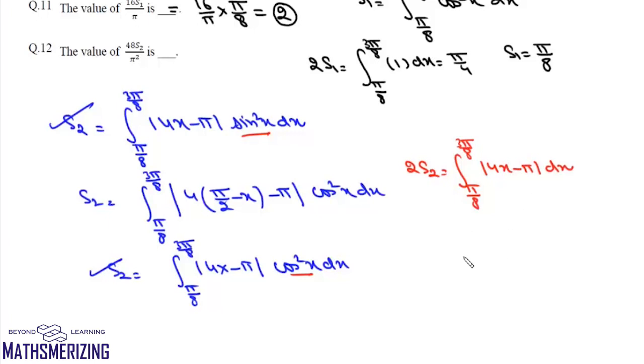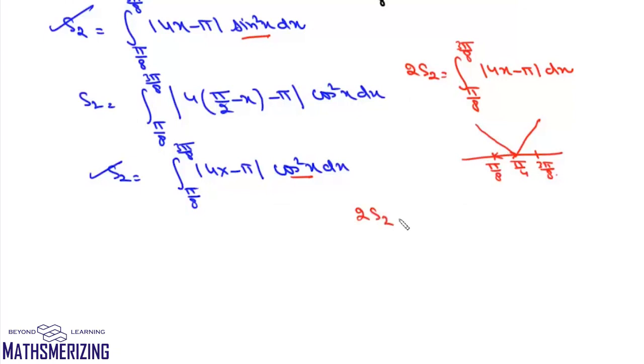Now, if we look at the graph of this function, its critical point is pi by 4 and it is symmetric about pi by 4 between pi by 8 and 3 pi by 8. So what we'll do is, rather than integrating it from pi by 8 to 3 pi by 8, we'll integrate it from pi by 8 to pi by 4 and then multiply it with 2. So we can actually write 2S2 as 2 times this integral from pi by 8 to pi by 4.